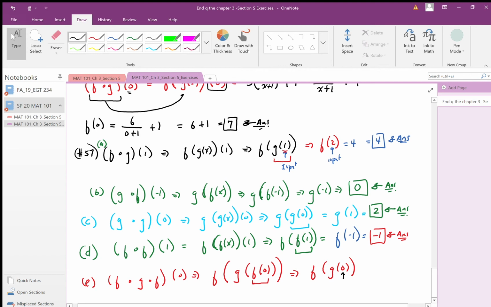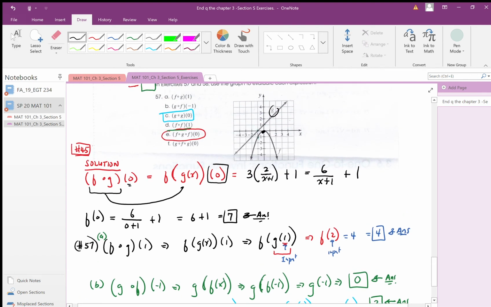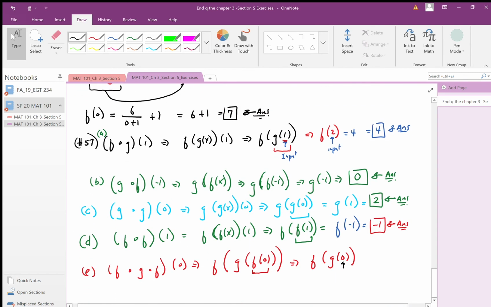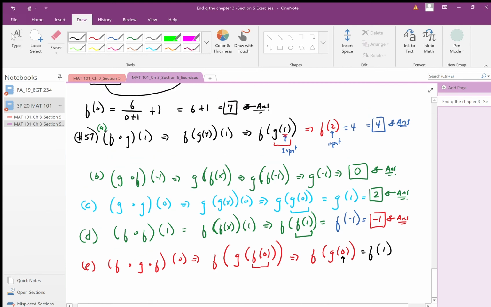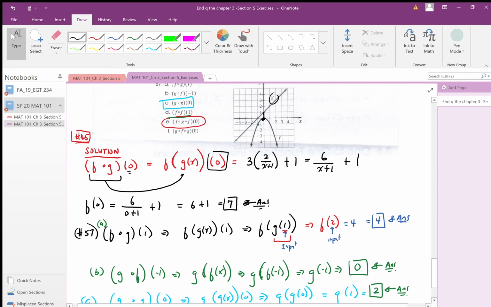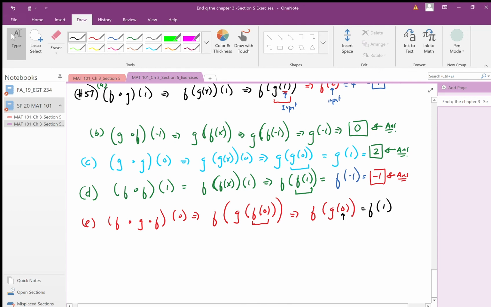So now you're going to be left with 1, at 0 it is going to be 1, okay? So that equals f of 1. And then, again, you come down at 1, you come down to the f graph and go over, and that's my y value, which equals negative 1. And this is my answer.